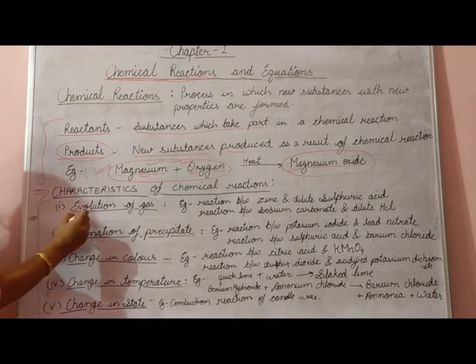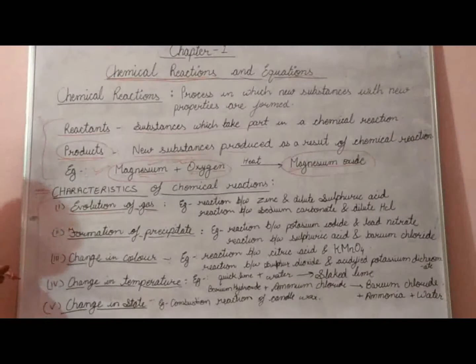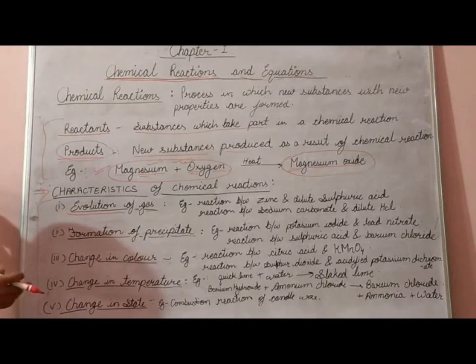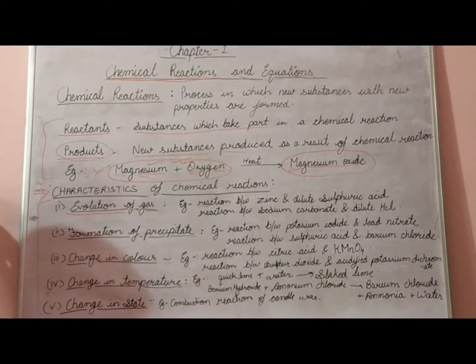The very first is the evolution of a gas. This is a common characteristic. Whenever a reaction takes place, it may be characterized by the evolution of some gases. For example, a reaction between zinc and dilute sulfuric acid. When the reaction between zinc and dilute sulfuric acid takes place, it is characterized by the evolution of hydrogen gas.